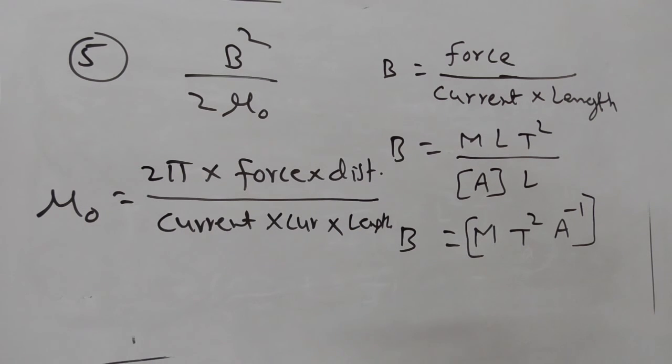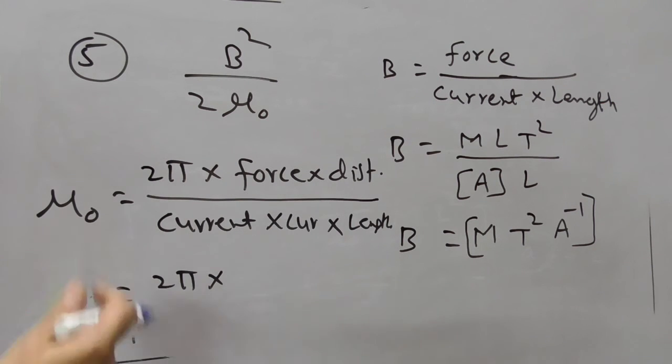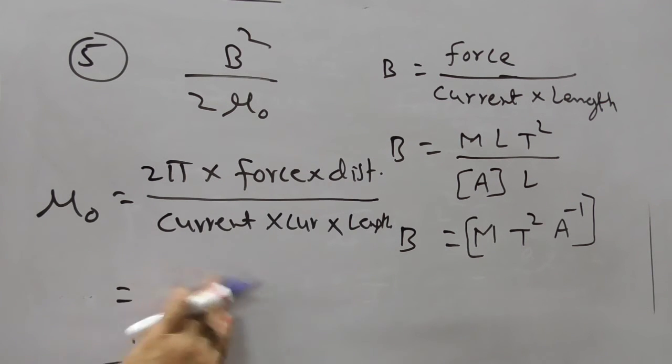This is the formula. Here 2 pi is a constant, a dimensionless quantity for dimensional analysis, so no need to write it.